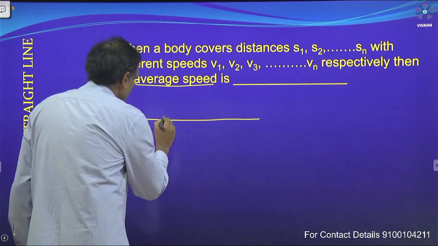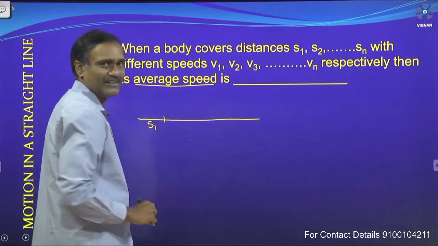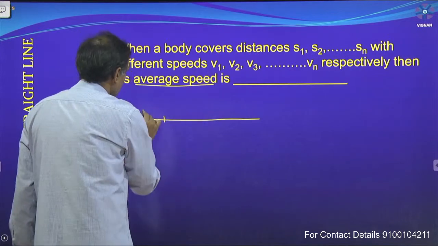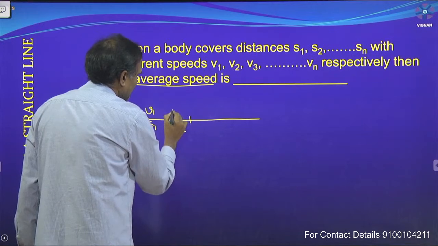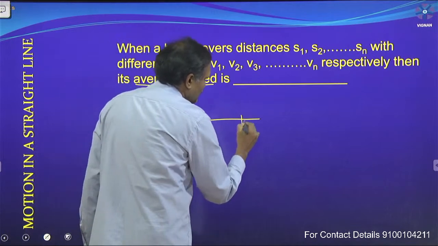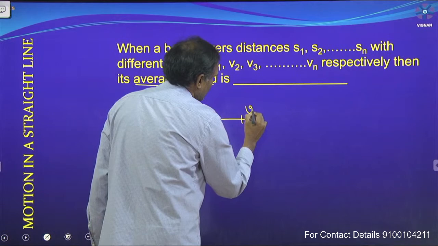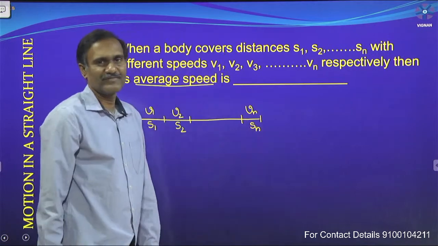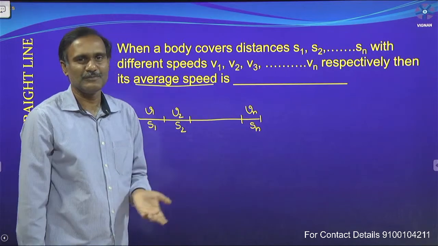Now, during this displacement S1, its speed V1. During the displacement S2, its speed V2. So on, during the displacement Sn, its speed Vn. Now, which one you want to calculate? Average speed.